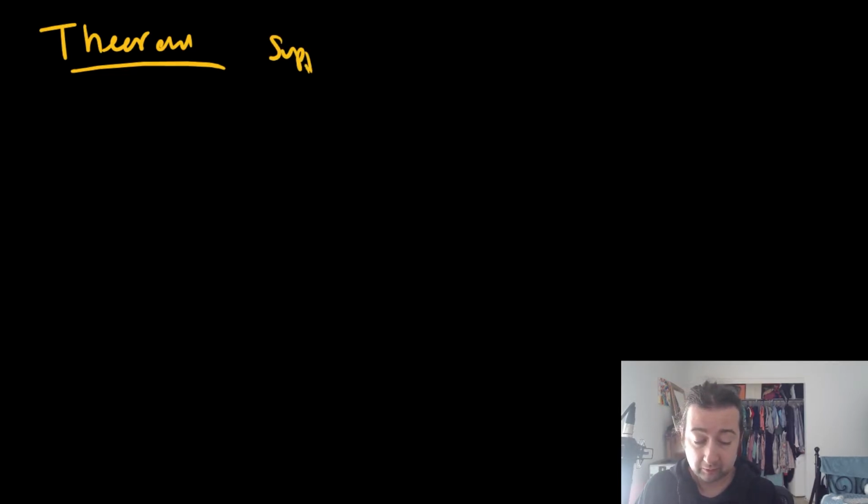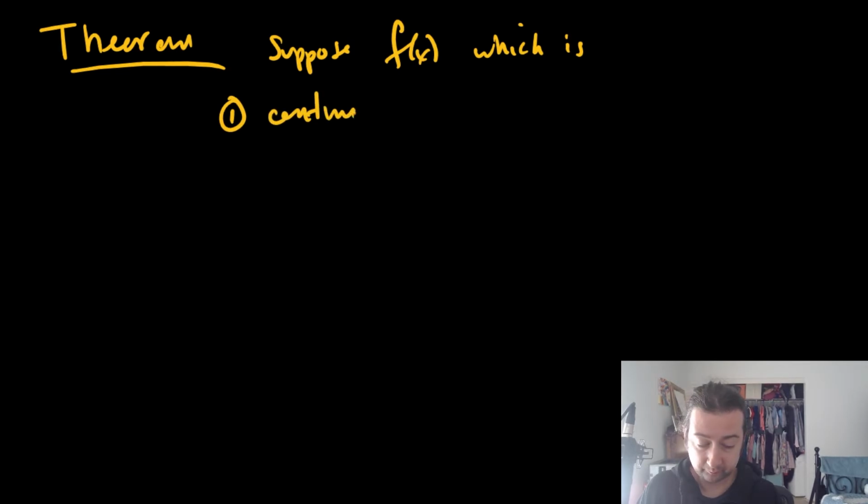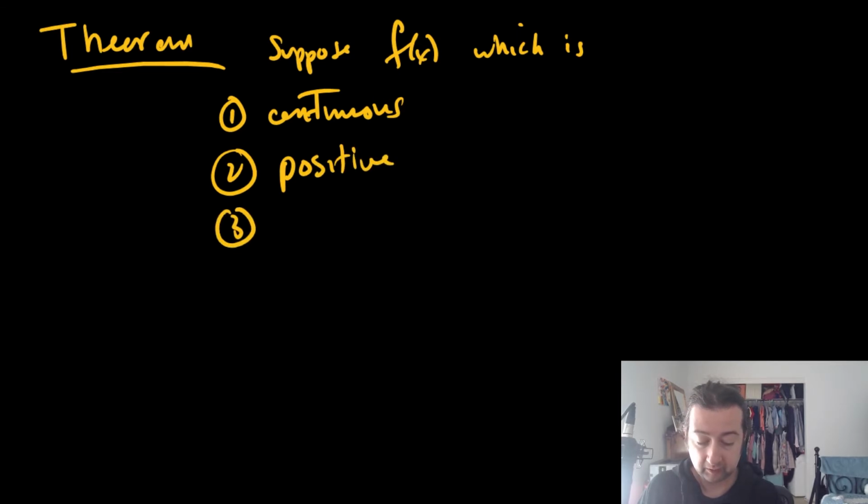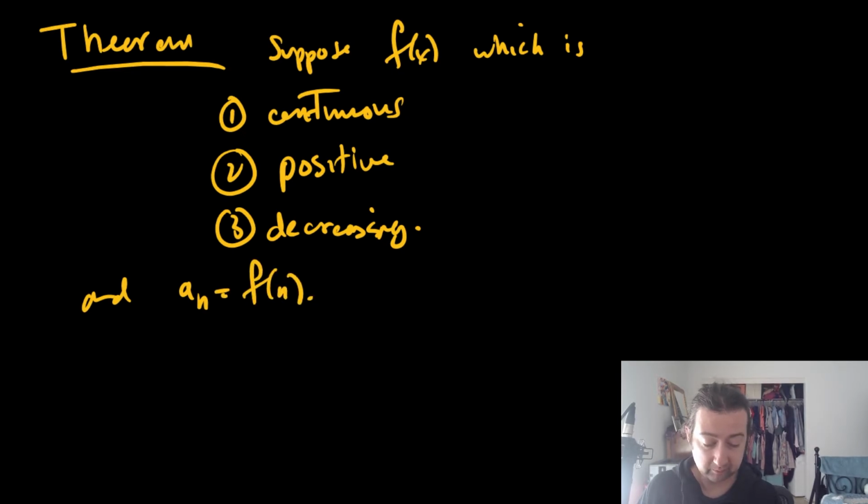So suppose that you have a function f of x, which is continuous, positive, and decreasing. Then, I guess we should say also, that there's a series where a_n is equal to f of n.